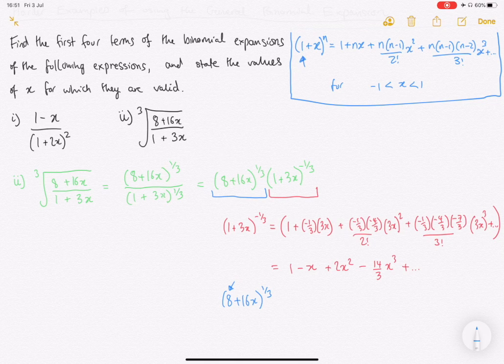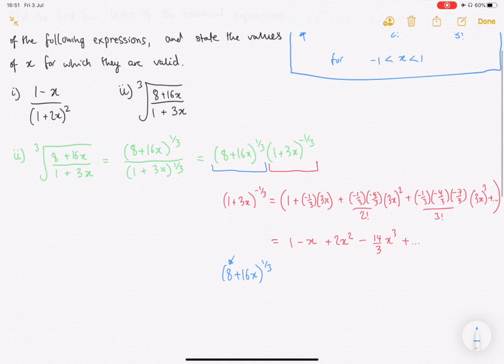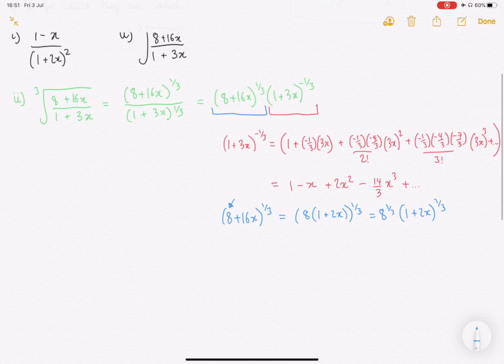So let's take a factor inside this bracket of 8. And then notice this is 8 to a third, 1 plus 2x to a third. Well, what is 8 to a third?